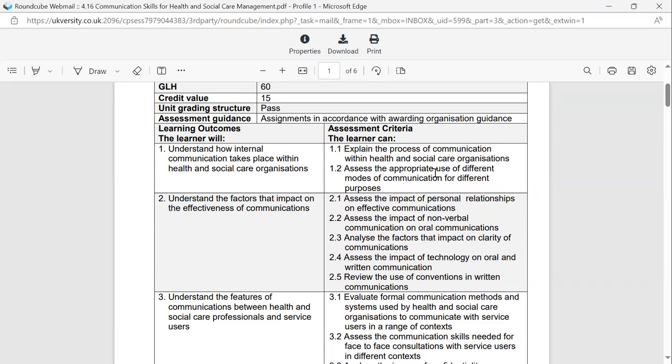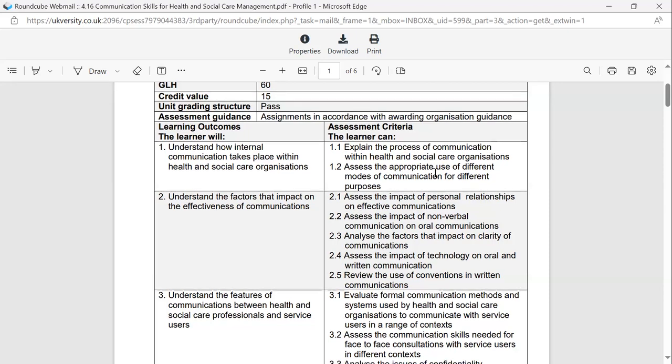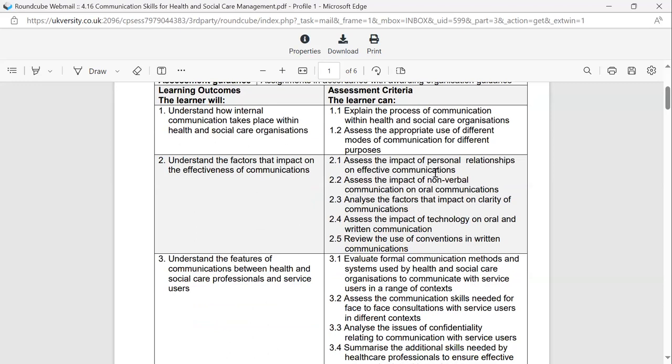Then learning outcome 2, understanding the factors that impact on the effectiveness of communications. 2.1, assess the impact of personal relationships on effective communications. 2.2, assess the impact of non-verbal communication on oral communications. 2.3, analyse the factors that impact on clarity of communication. 2.4, assess the impact of technology on oral and written communication. And 2.5, review the use of conventions in written communication.